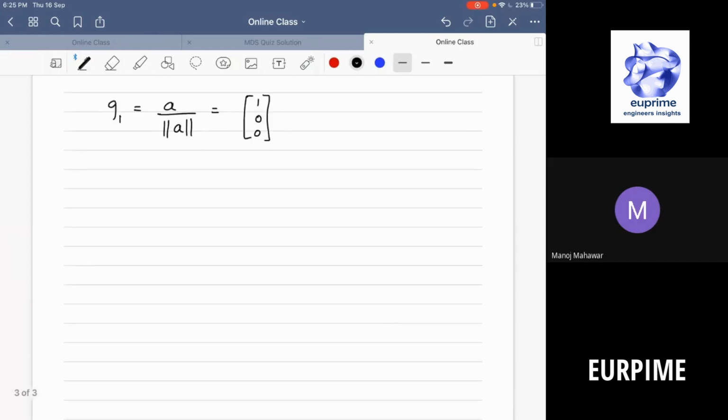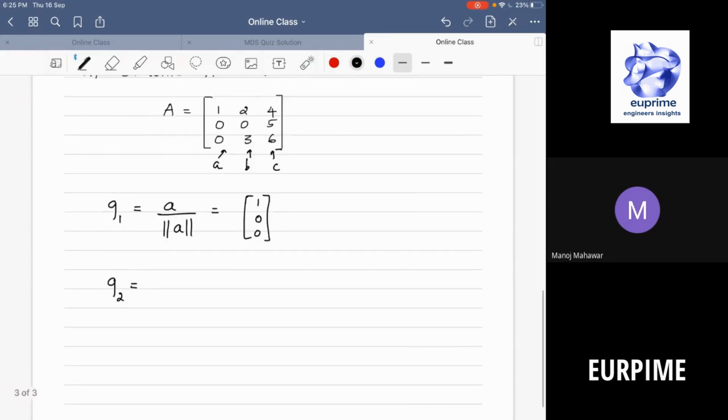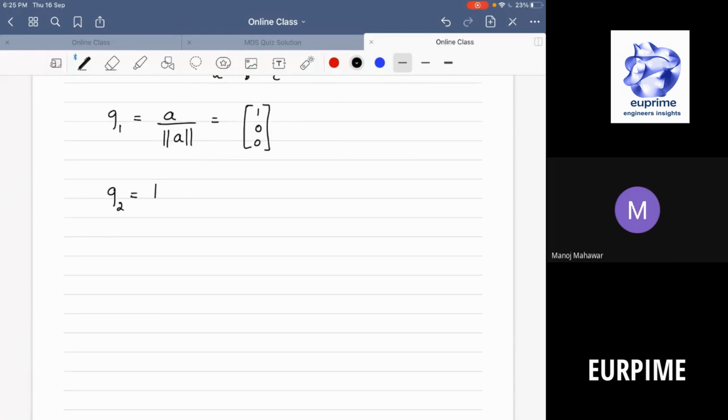So q2 will be what? The second column is b, so it's b minus the projection of vector b on q1, which is b dot q1 times q1. I'm supposed to divide it by the length of q2, which I'll do in the next step, so let me call this q2 dash.